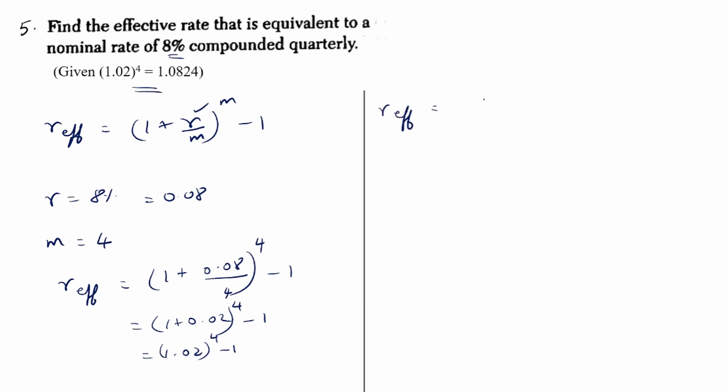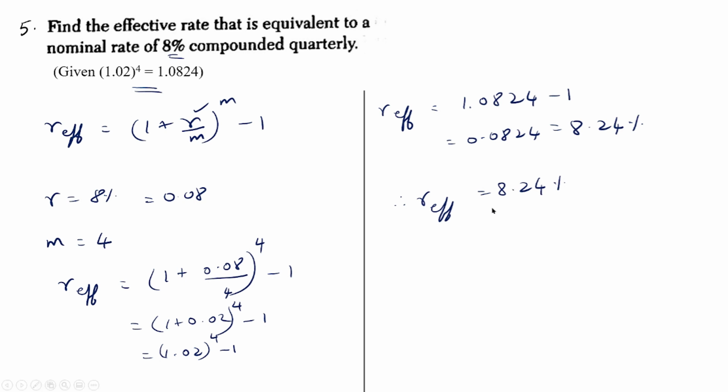So the effective rate of interest will be 1.0824 minus 1. It is 0.0824, or it is equal to 8.24%. Therefore, R effective is equal to 8.24%. This is the effective interest rate.